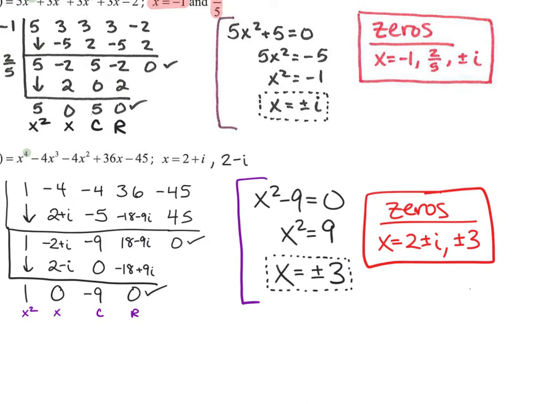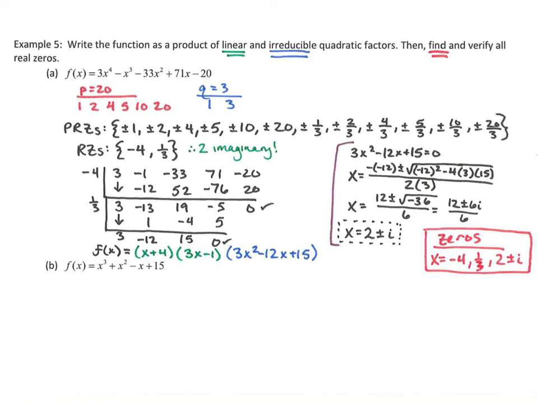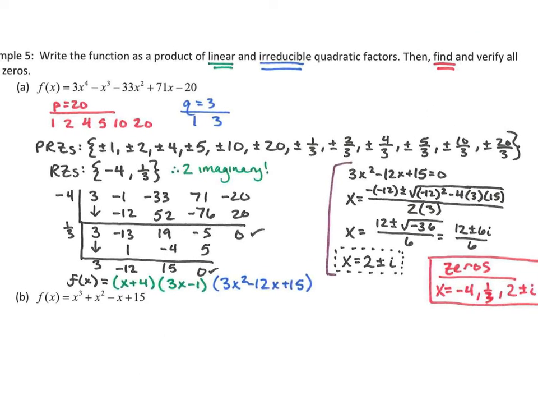But potentially the question could not give you any zeros to start with, in which case we'd go back to what we learned last time with the P's and the Q's. So if we look at the first example here, it's kind of gnarly. We weren't given anything to start with, so we don't know what number to start dividing by.